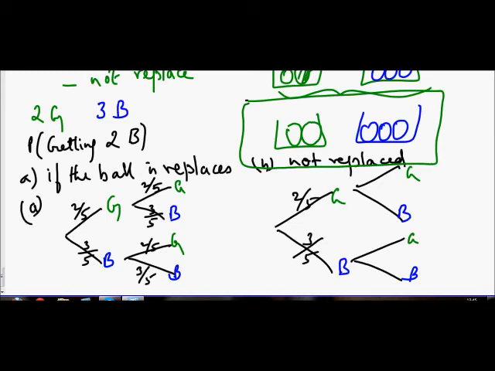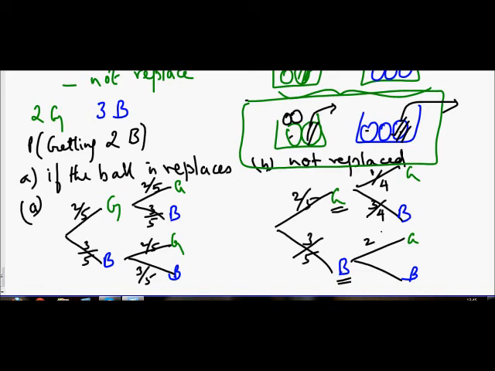For the second draw, when you are not replacing, you have taken the green ball out, which means you have reduced the number of green balls in the box. So you have only one green ball and only 4 total balls: 1, 2, 3, 4 balls. And you have 3 blue balls out of 4 total balls. And when your first draw gave a blue ball, then this blue ball would have come out, but you still have 2 green balls here.